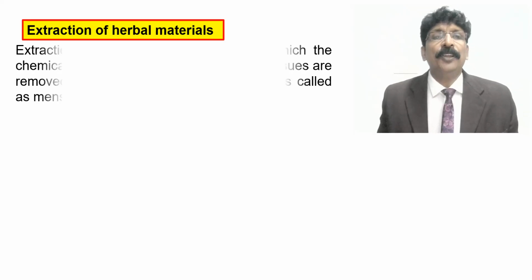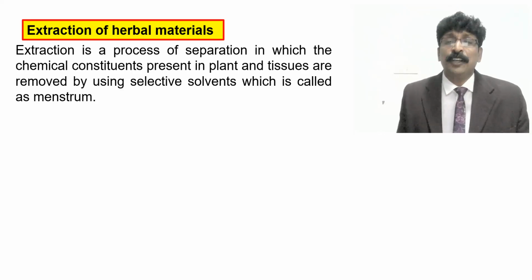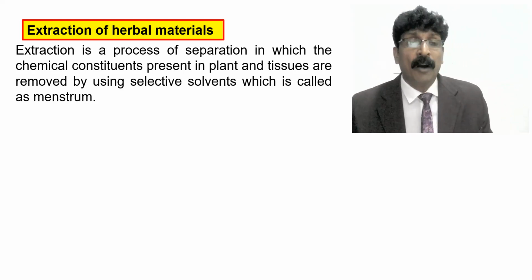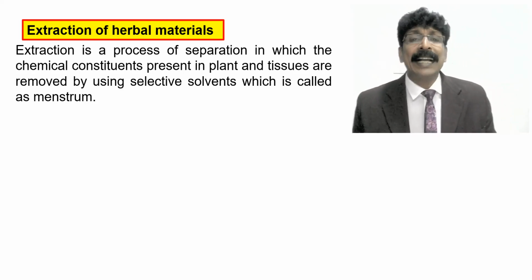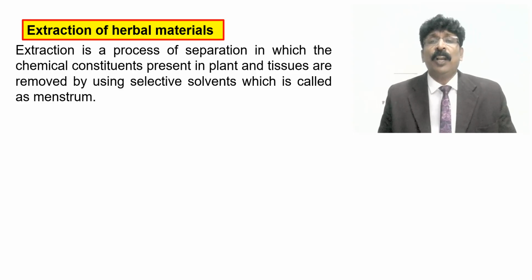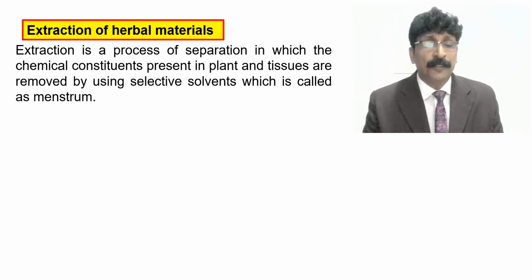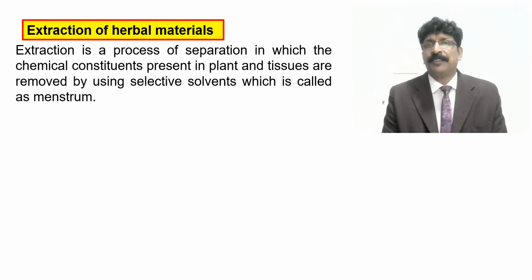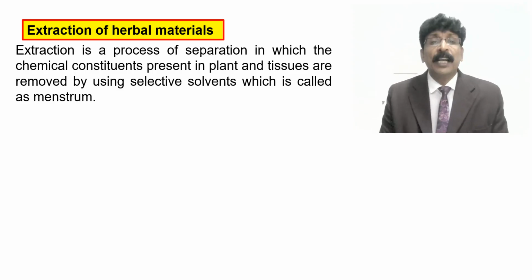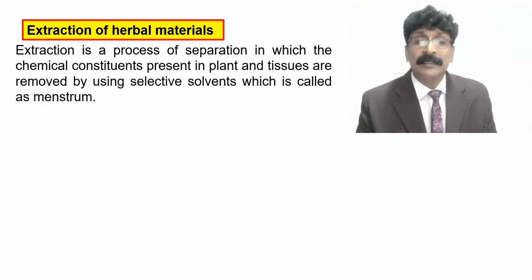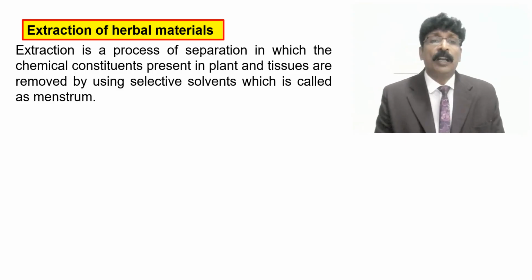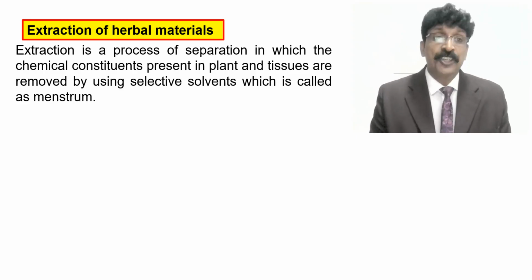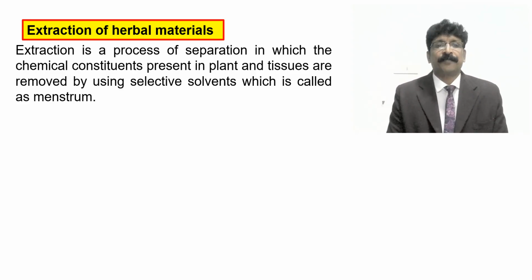When we come to the extraction of herbal materials in the secondary processing of herbal materials, extraction is a process we have studied in detail in the 5th semester. Extraction is a process of separation in which the chemical constituents present in plant tissues are removed by using selective solvents, called a menstruum.